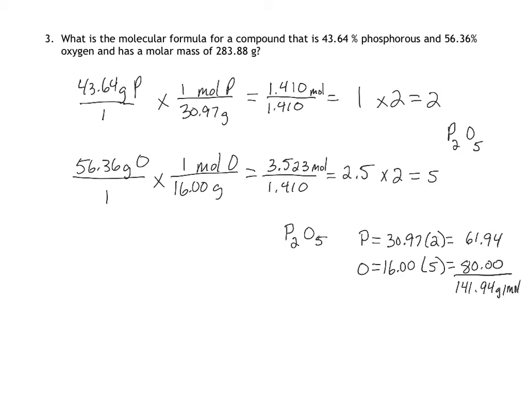So my grams per mole for my empirical formula is 141.94 grams. Well, then what I know I have is a compound that has a molar mass of 283.88 grams. So I need to find out how many times this will go into 283.88, divided by my empirical formula.